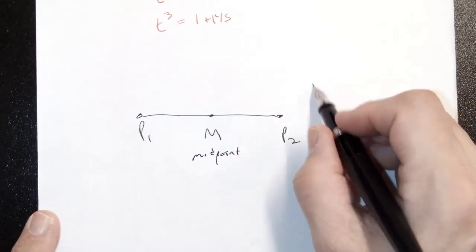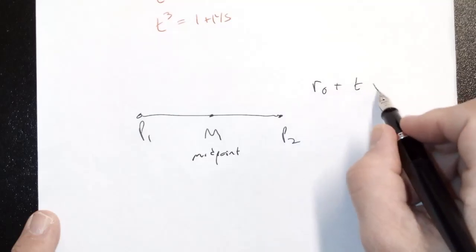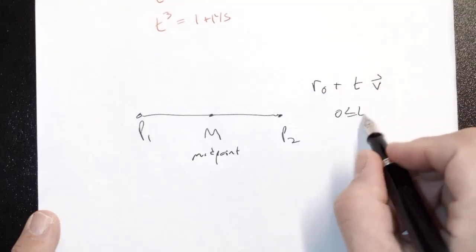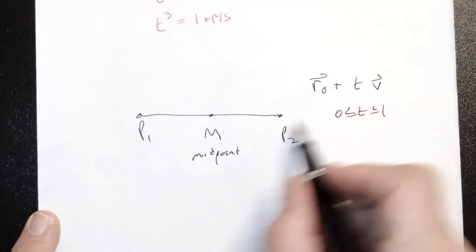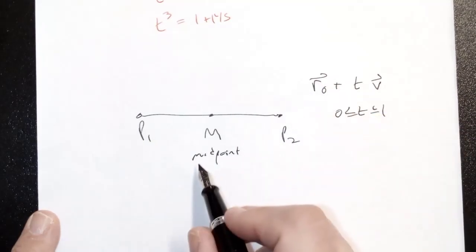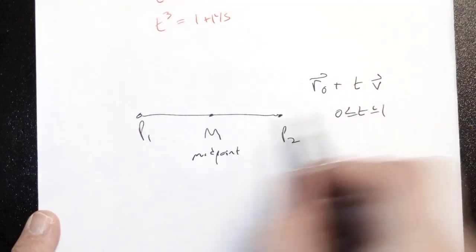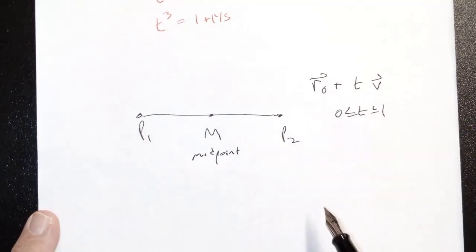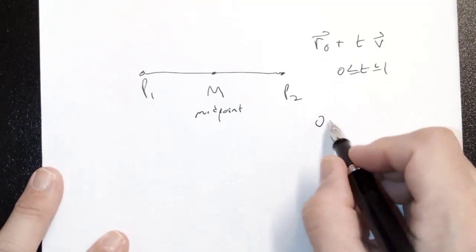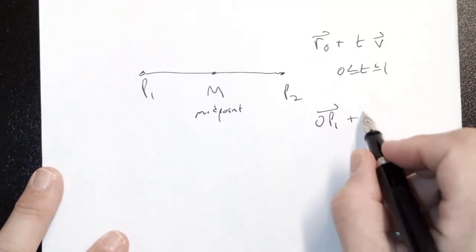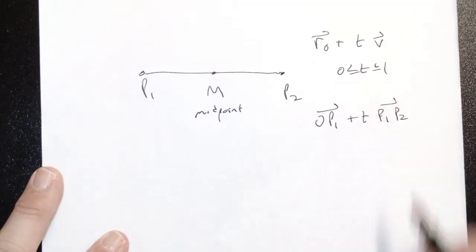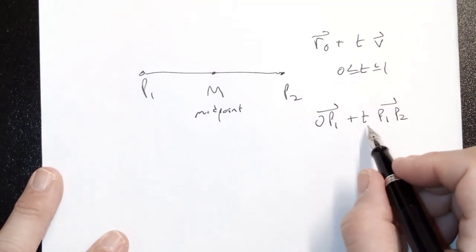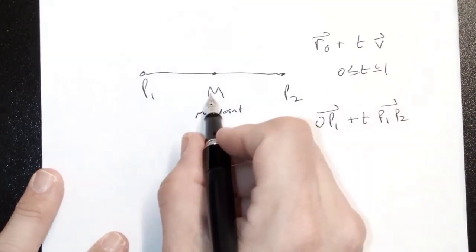And that would be this, where R0 is the vector that points at one of these points. And the direction vector goes from the one I pointed at to the other one. So I could say R0 = P1 plus T times the vector P1P2. Yes? And if I plug in T equals a half, I'm halfway between them.